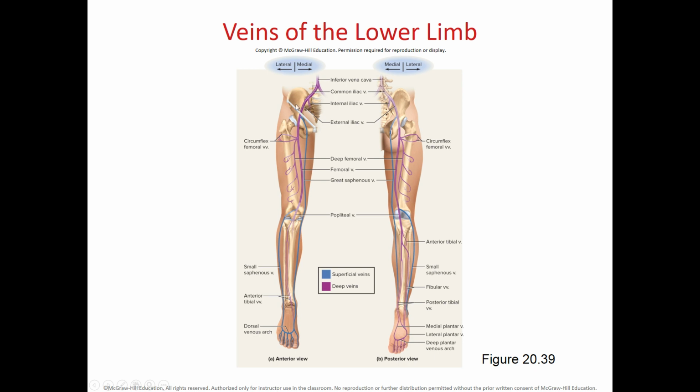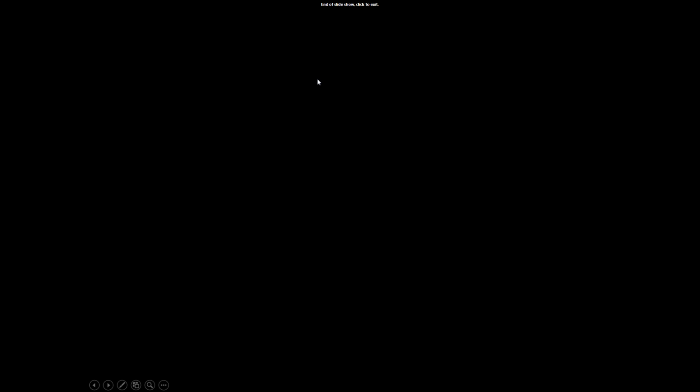And then this femoral is going to drain to the external iliac, and then the internal iliac is going to join the external iliac to form the common iliac. And both the right and the left common iliac will merge or anastomose to form the inferior vena cava.